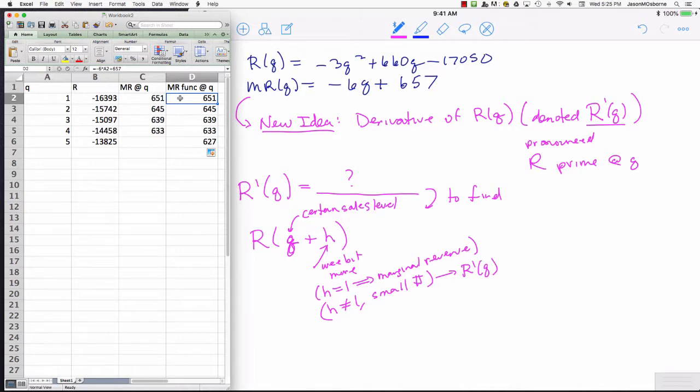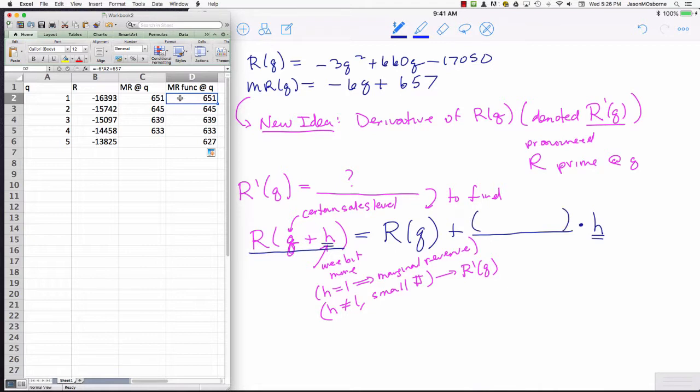Okay? So let's explain what we mean by this. What you want to do is show that R evaluated at a certain sales level plus a little bit more is equal to the revenue for selling Q items plus some number times h, which is the wee bit more that you sell.